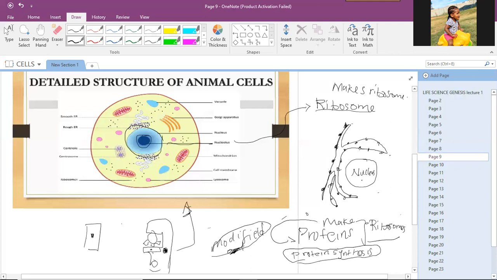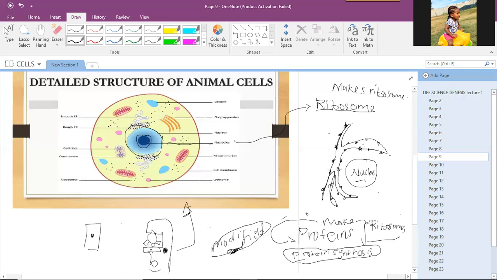So you've seen the steps. The nucleus tells the cell, all right, let's make proteins. Where are the proteins going to be made? In the ribosomes attached to the endoplasmic reticulum. After they are made, they are not yet mature, so they have to be modified. Where are they modified? In the endoplasmic reticulum.